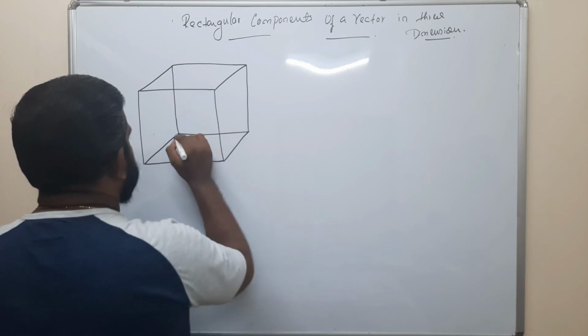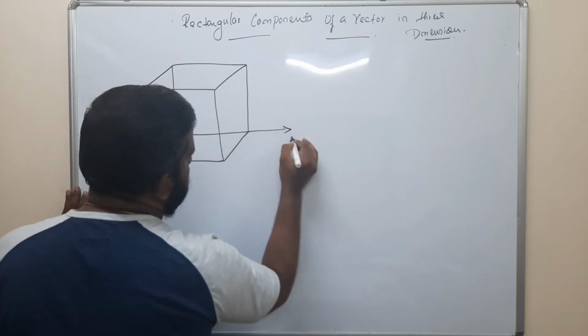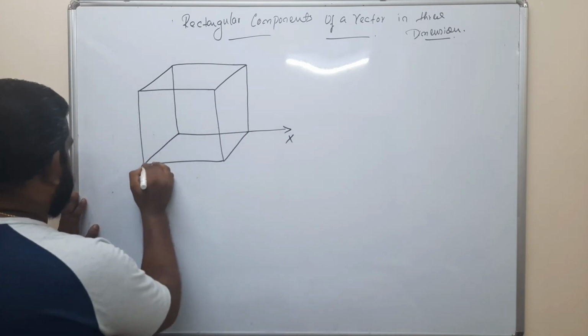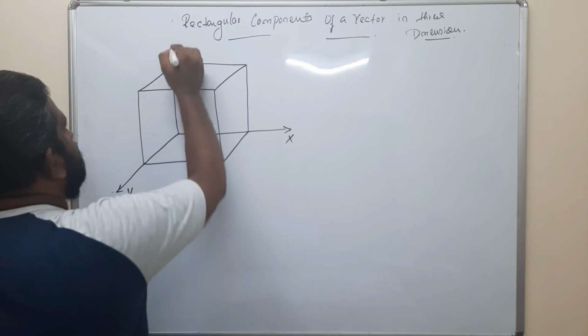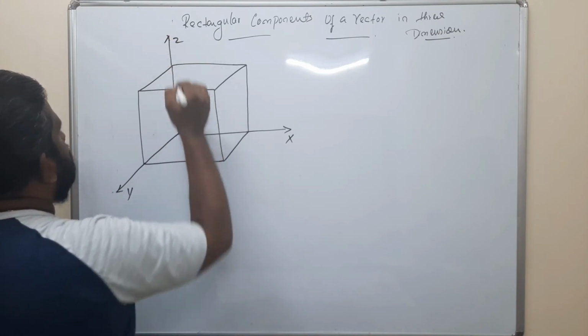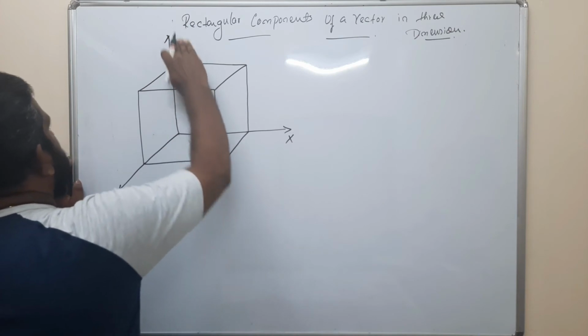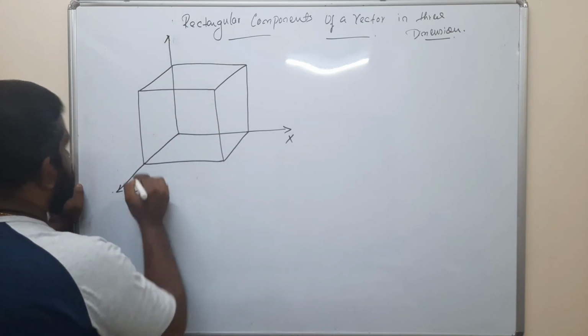So this is our x-axis, this is our y-axis, and this is the z-axis.